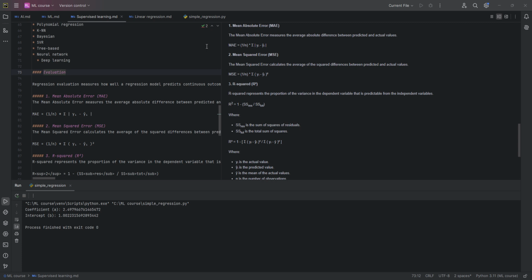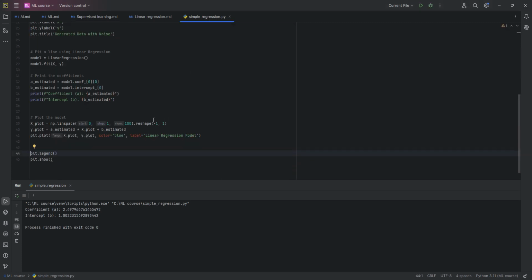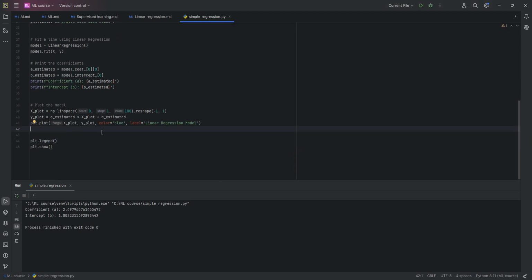So now let's go to our code that we have. First of all, let me add a line for the mean so we can see what we mean by the variance from the mean. So if I have this code added, this is going to add a red line as the mean of y to the figure that we already have.